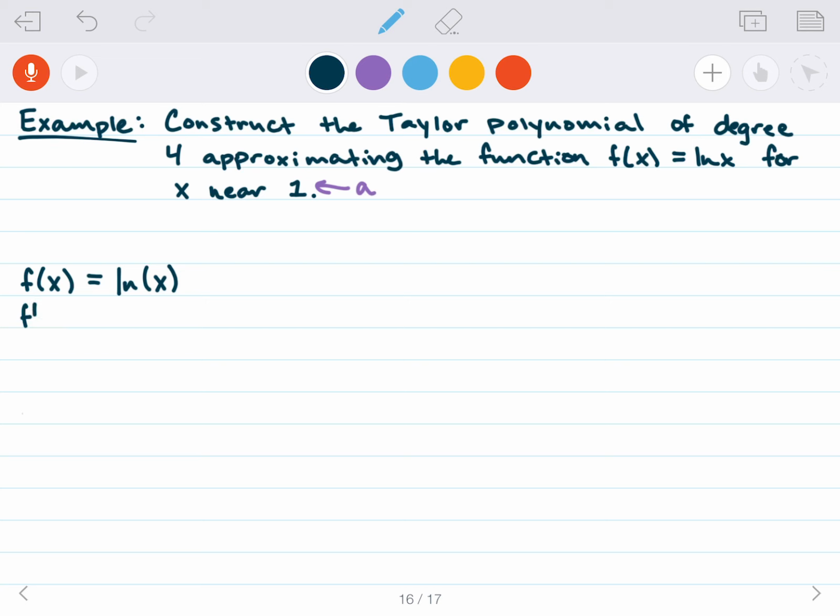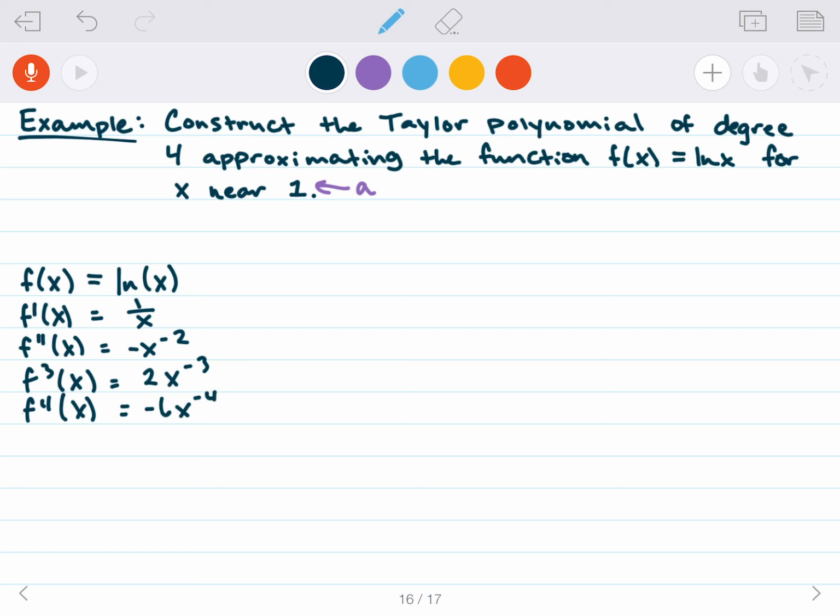The first derivative is just going to be 1 over x. The second derivative is negative x to the negative 2. Third derivative, using the power rule, is 2x to the negative 3. And finally, the fourth derivative is negative 6x to the negative 4.